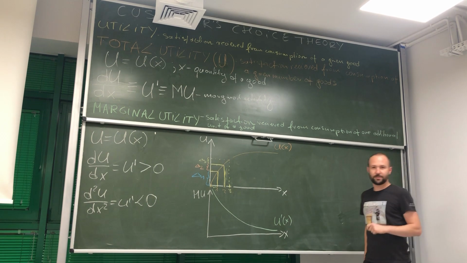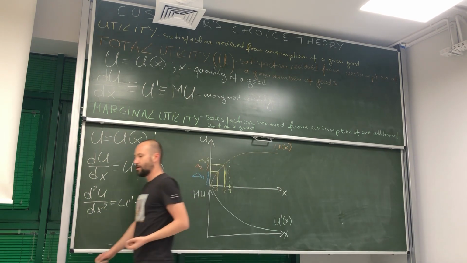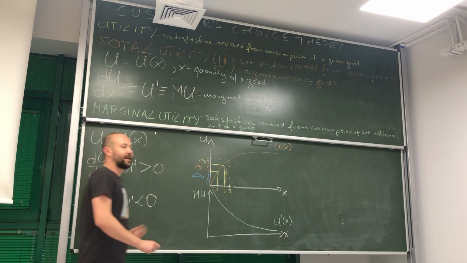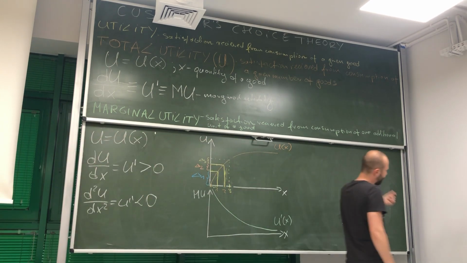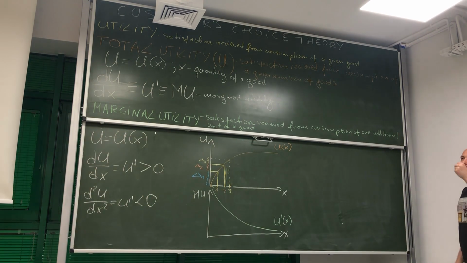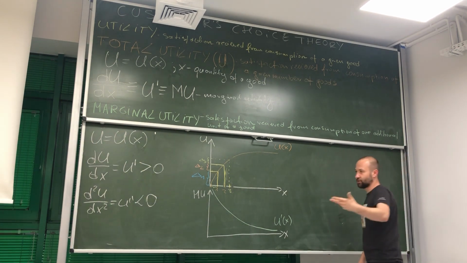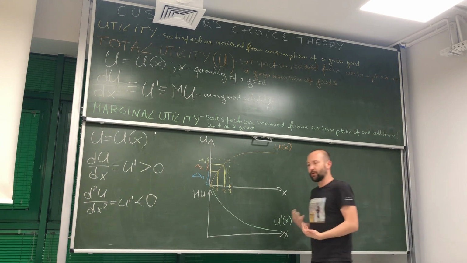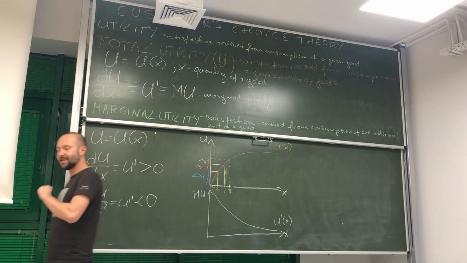Look, marginal utility is telling you how much more satisfaction you are getting out of eating first, second, third, one additional sandwich, right? And let's go back to the example with tiny sandwiches, right?